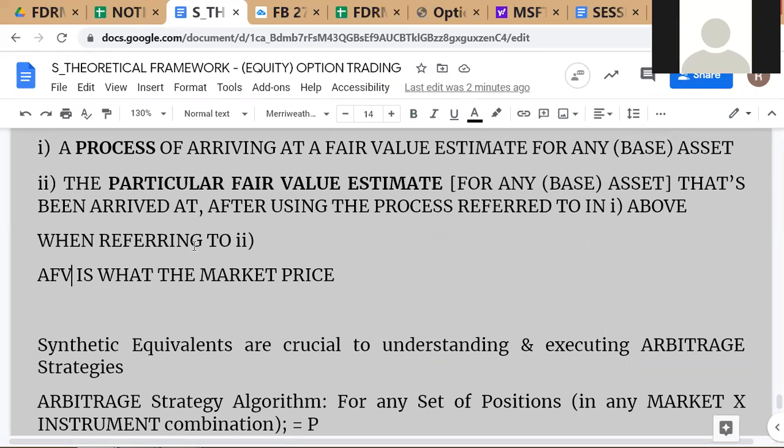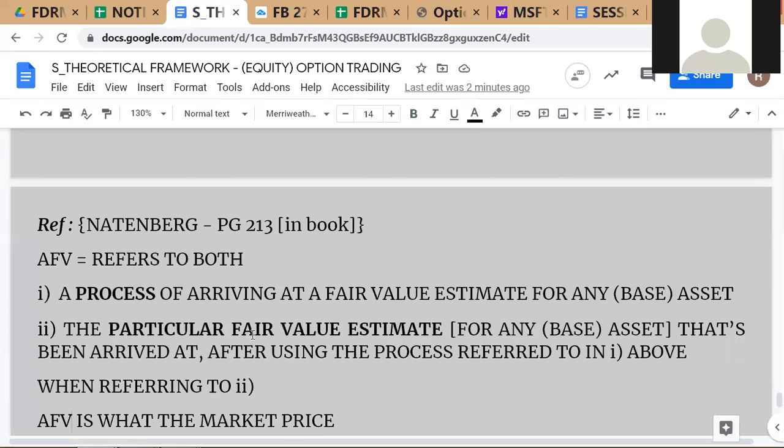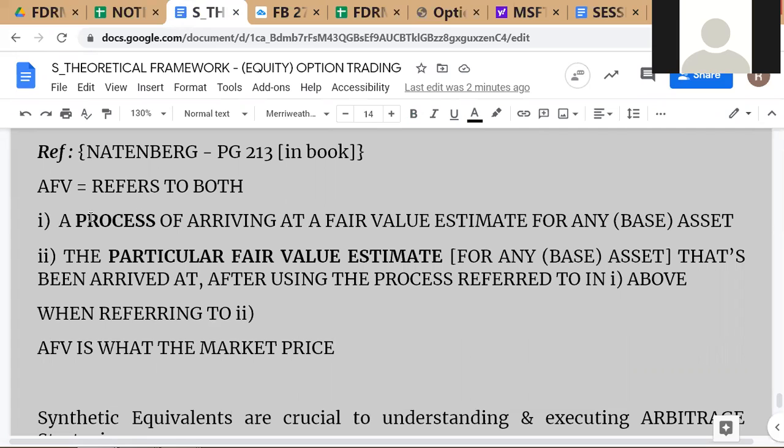So in this case, when we are referring to AFV as in 2, that is a particular fair value estimate, arrived at by using a process of arbitrage-free valuation.